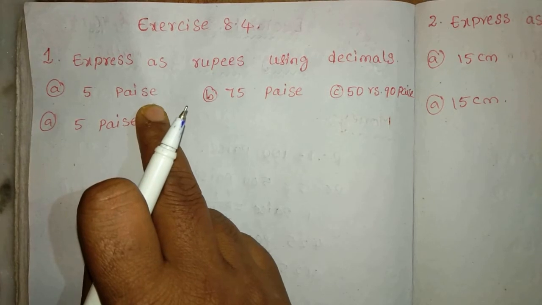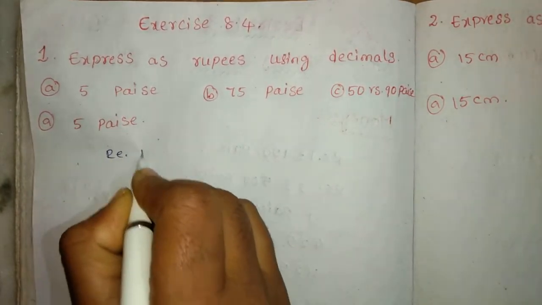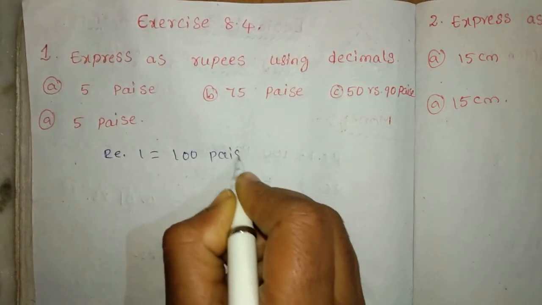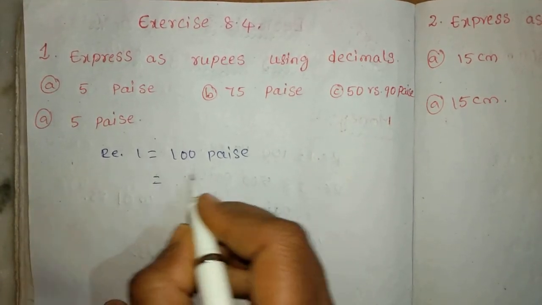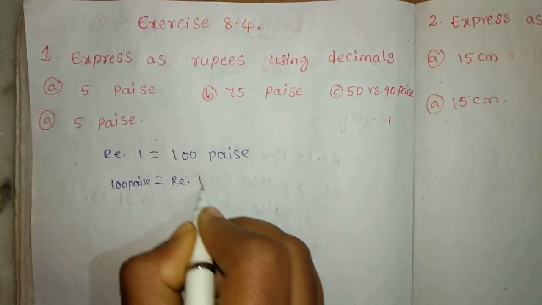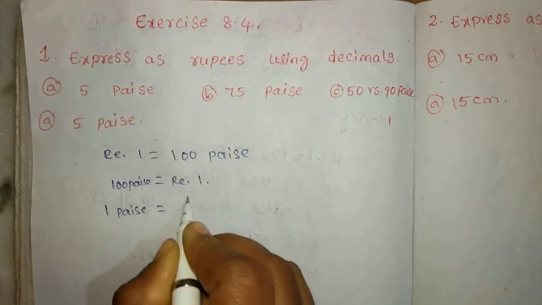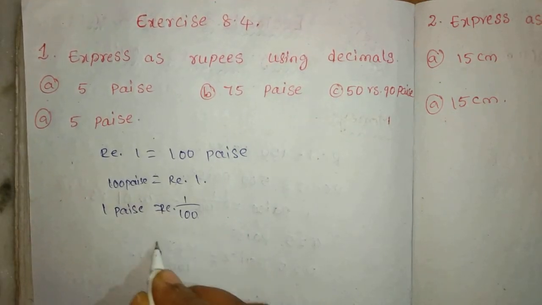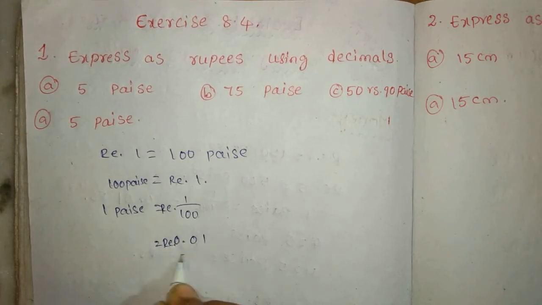As we know, 1 rupee is equal to 100 paise, so 1 paise is equal to 1 by 100 rupee, which can be written as 0.01 rupee.